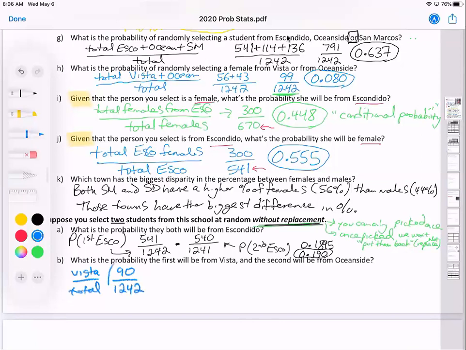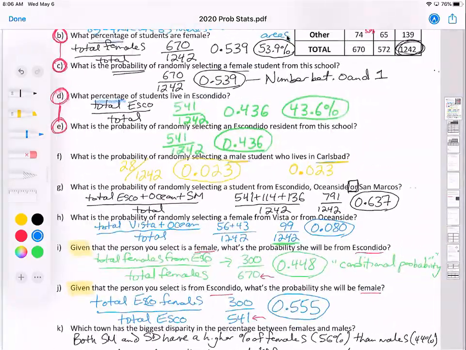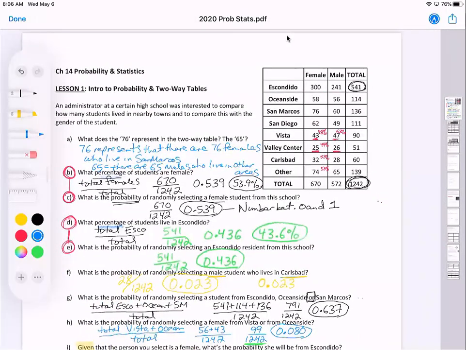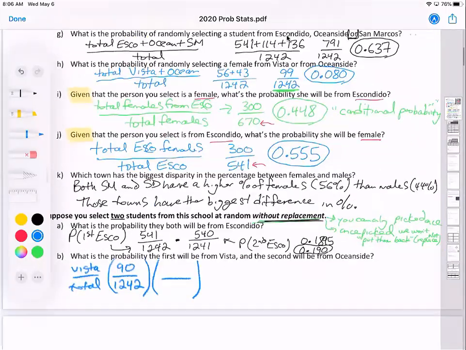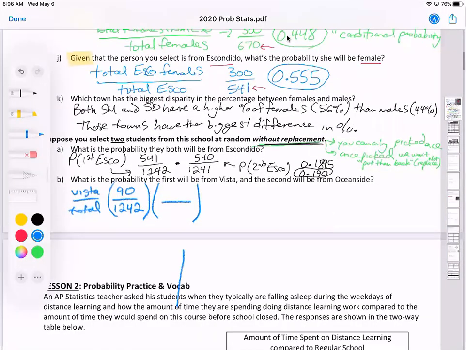And then we're going to multiply that by another fraction. Again, this is without replacement. So how many students are from Oceanside? There are 114 students from Oceanside.